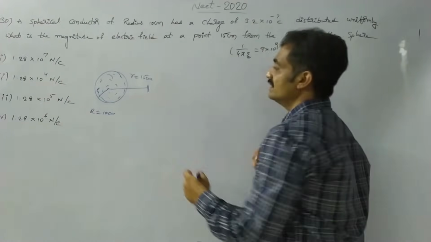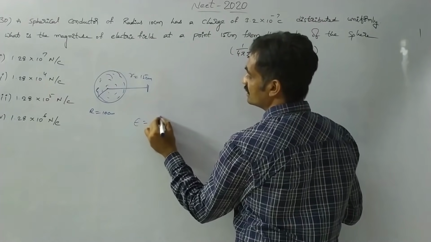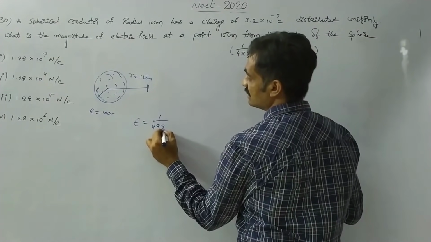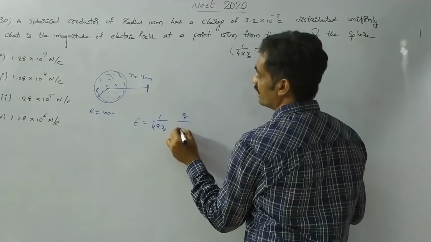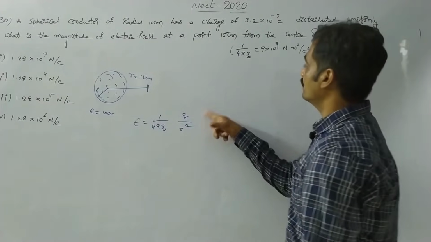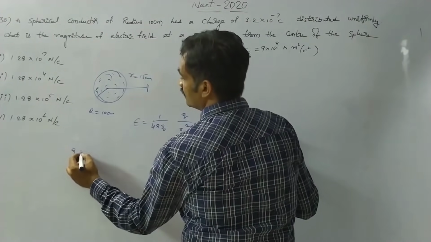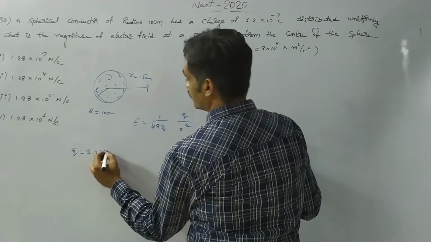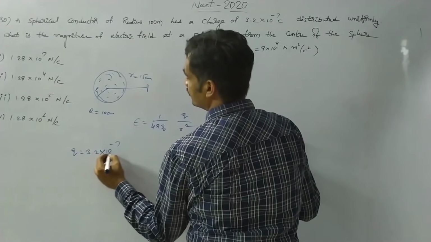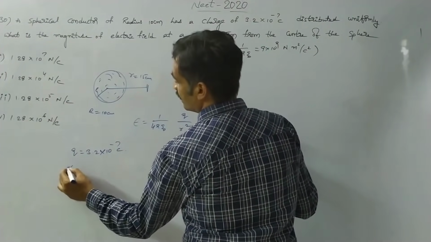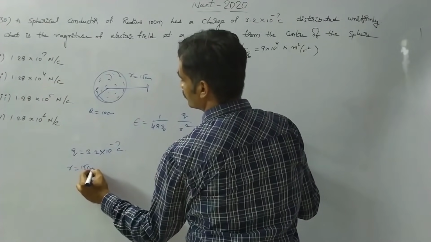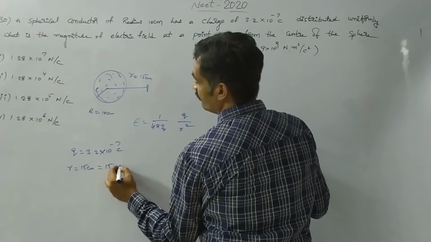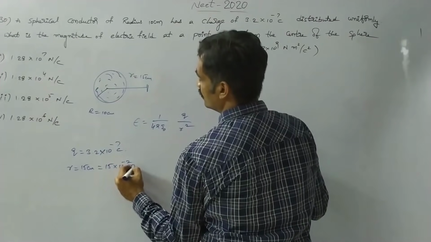So based on that, here the electric field is given as E equals 1 by 4 pi epsilon naught into Q by r square, where Q equals 3.2 into 10 to the power of -7 coulomb, and here r equals 15 centimeter. In terms of meter we can write it as 15 into 10 to the power of -2 meter.